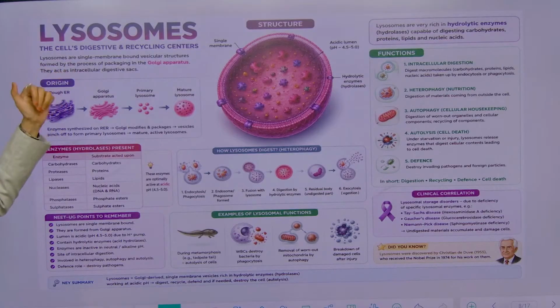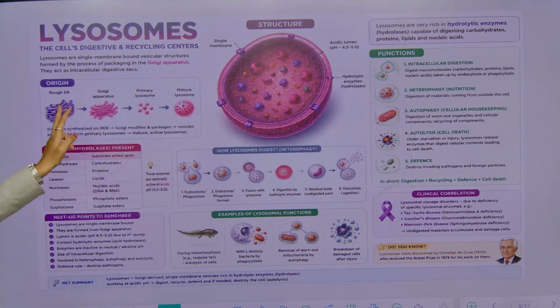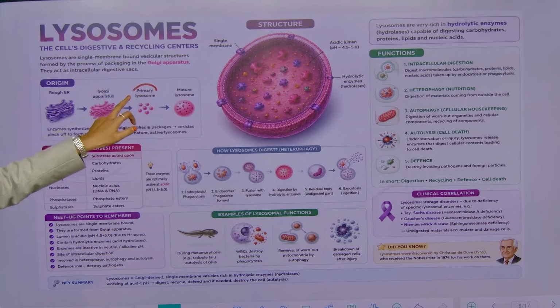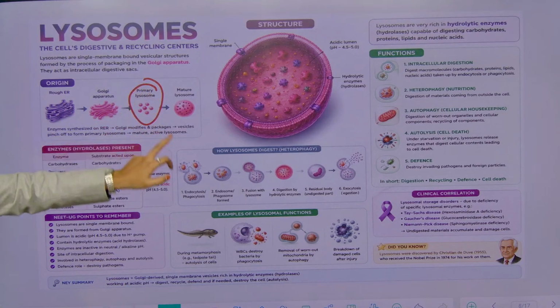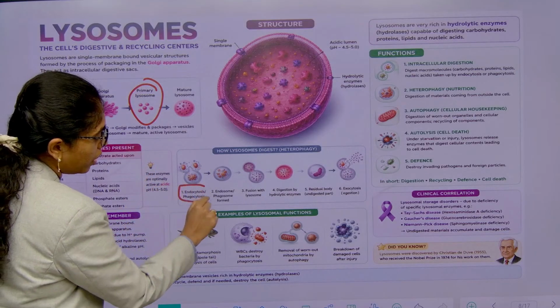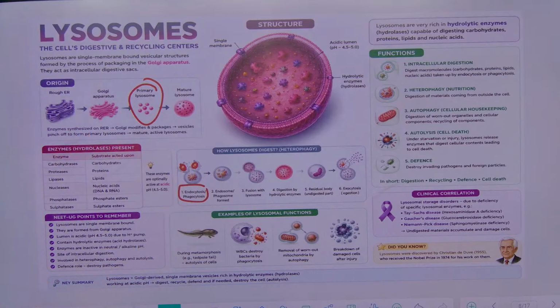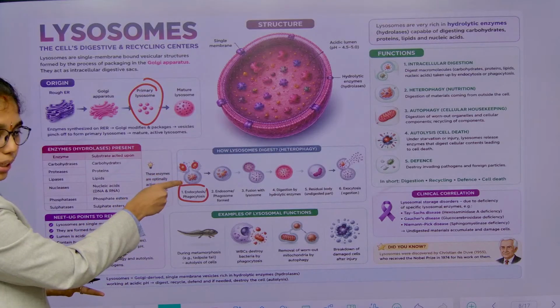Lysosomes, the cells will digest, these are the cell digesters and recycling centers. Here can you see the diagram? These are the primary lysosomes. This primary lysosome, first step, will engulf the digestive particles into vesicles. First is what? Endocytosis. Endocytosis of food particle is known as cell eating, right?